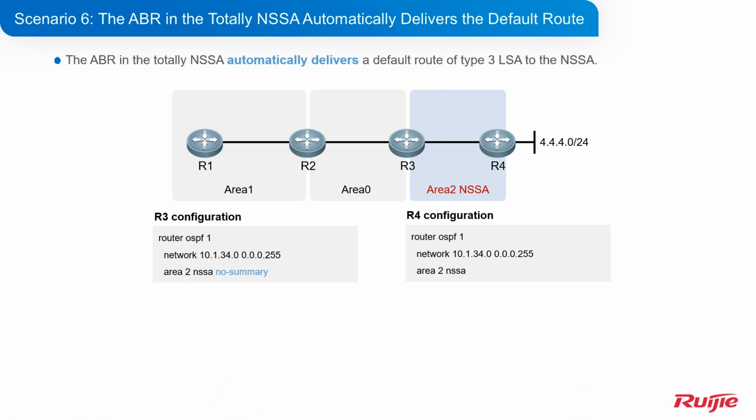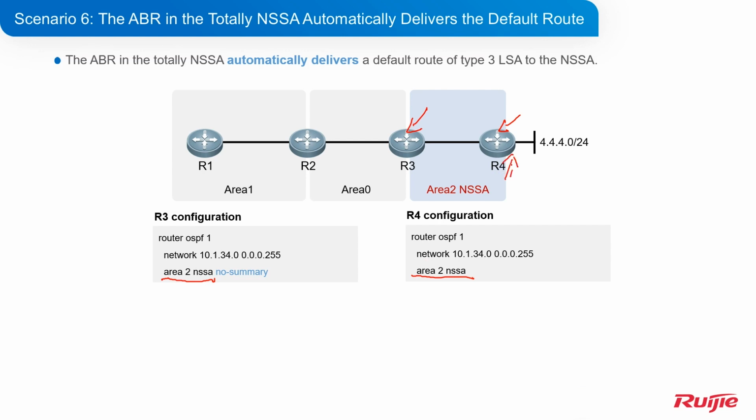Here we can see the topology and how we set the area information. In this topology, R3 and R4 belong to the NSSA area, so we have to configure the commands on both R3 and R4. We set area 2 as NSSA, meaning the area 2 nssa command is configured on R3, and we also set the area 2 nssa command on R4.